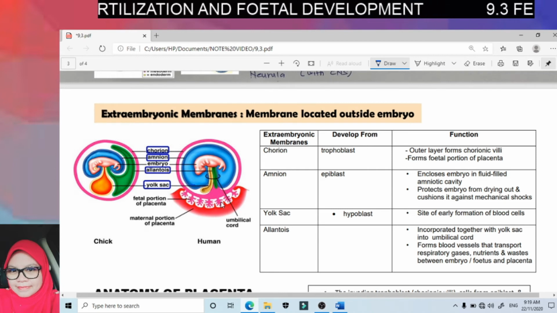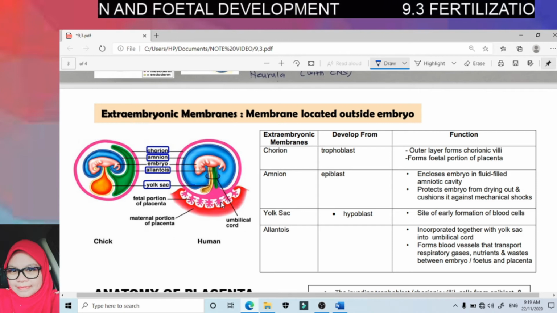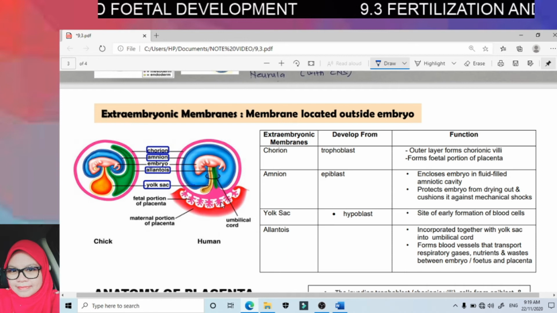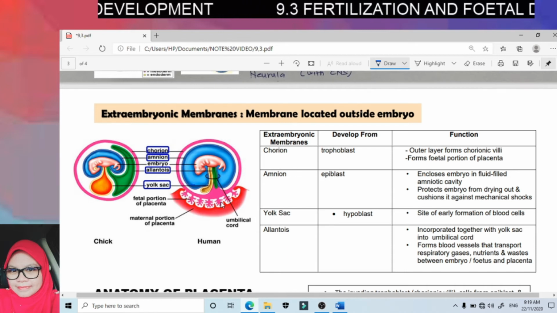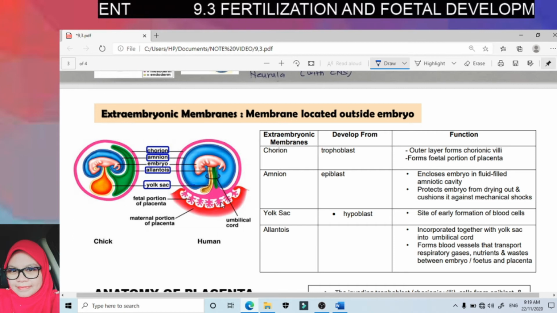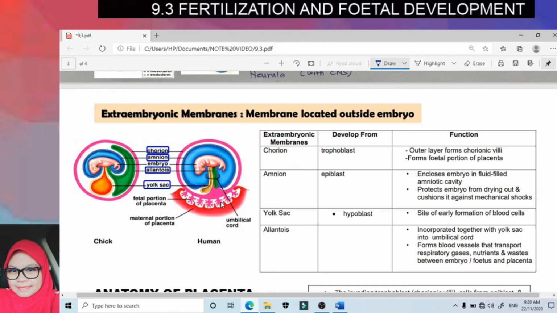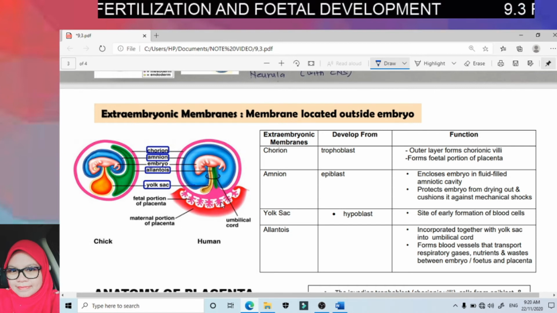So we can see this blue color represents amniotic fluid, or in Malay, the general term is air ketuban. The function of the amnion is to protect the embryo from drying out and cushion it against mechanical shock.